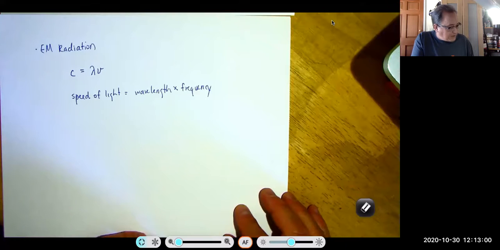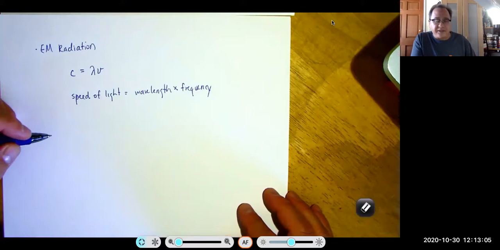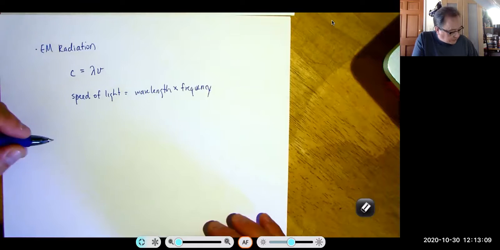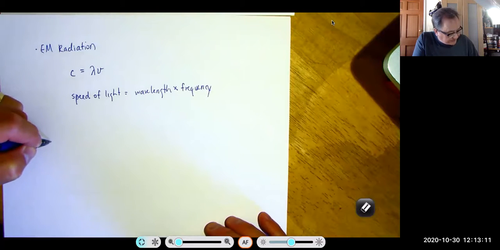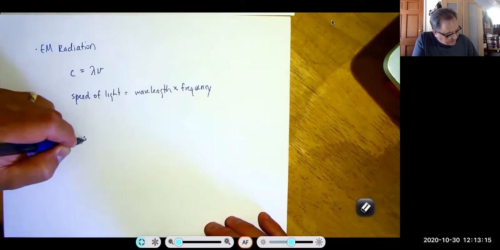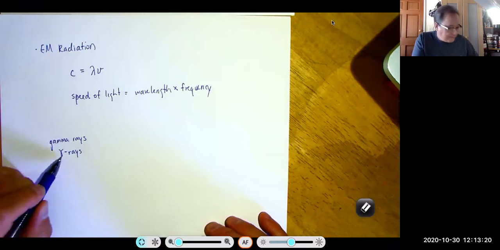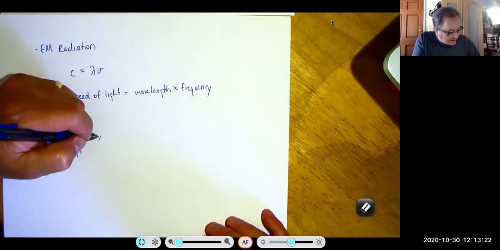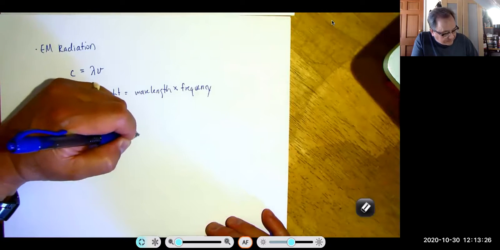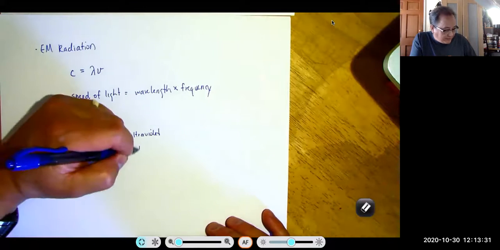Okay. The other thing that you want to know from this particular section are the different types of light that we know about. So there's something called gamma rays. And the symbol for gamma is this guy here. There are X-rays. There's ultraviolet, and the symbol for ultraviolet is UV.